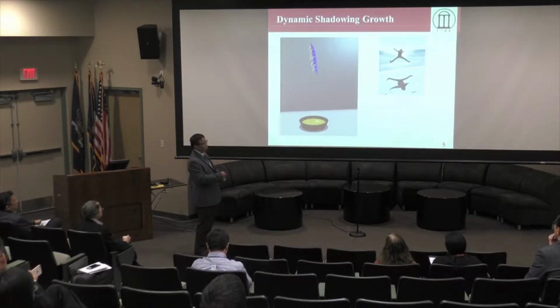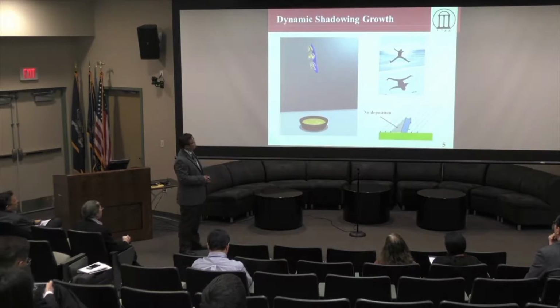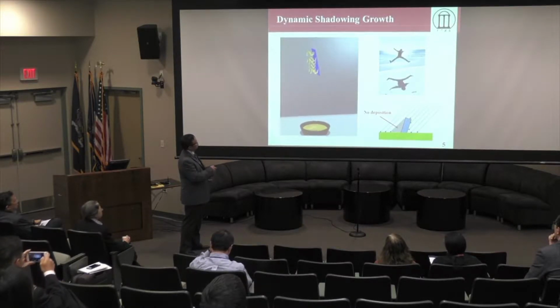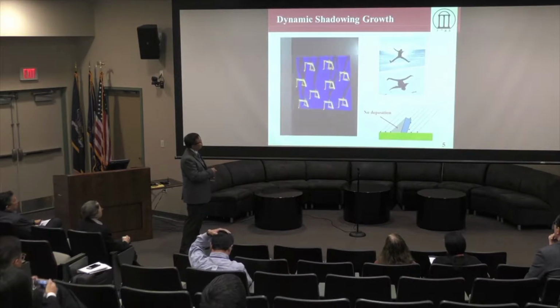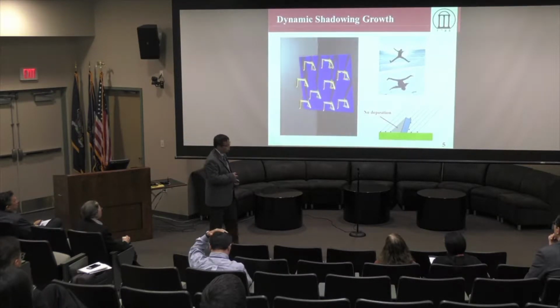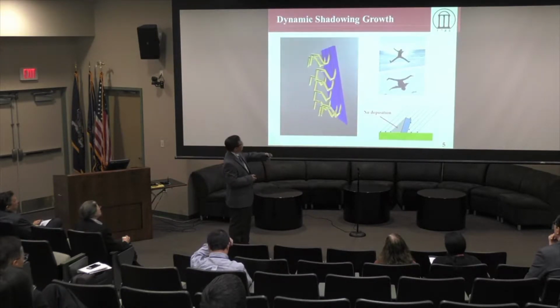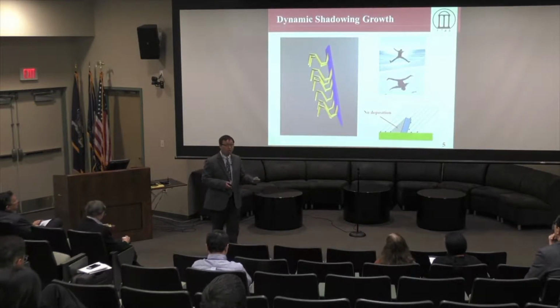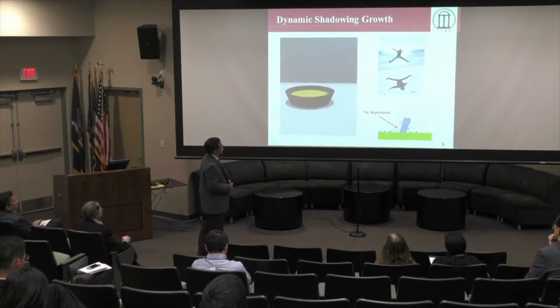It's just like you dancing in the sun, you have the shadowing. And once you have the shadowing effect, the protrusions on the surface can receive more vapor compared to the shadow. So when you grow like this, and while you're growing also rotate the substrate azimuthally, you can generate different kinds of topological nanostructures on the surface. So this is a self-assembled process during the growth.